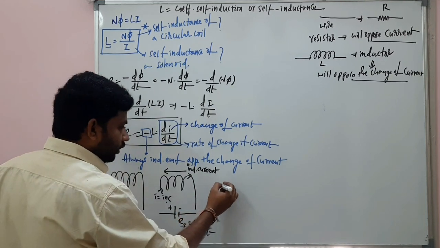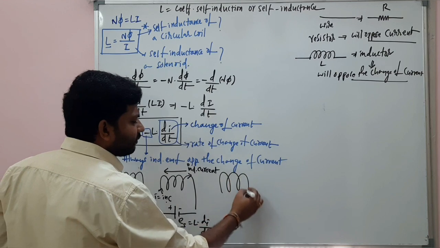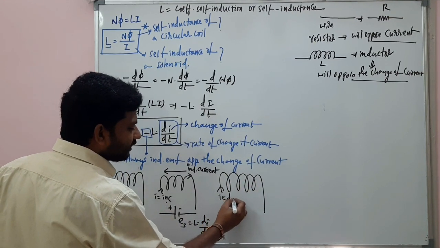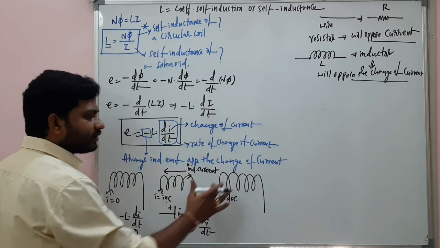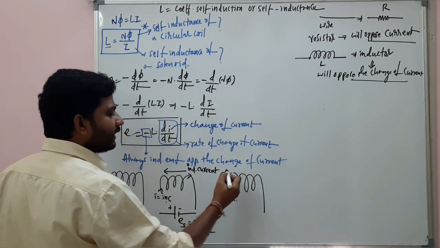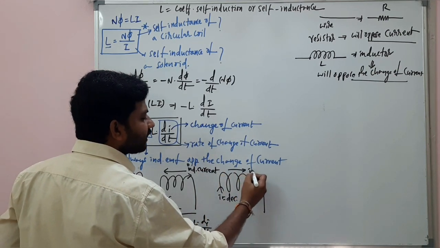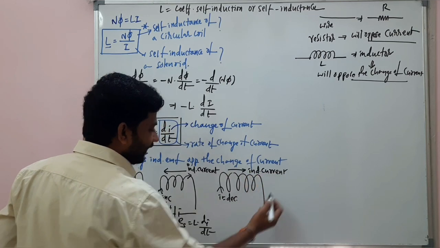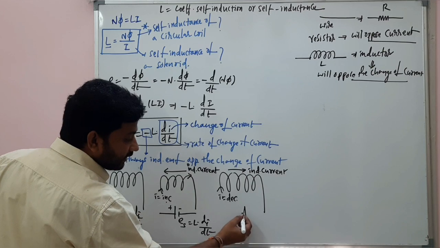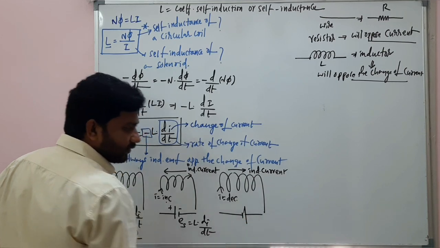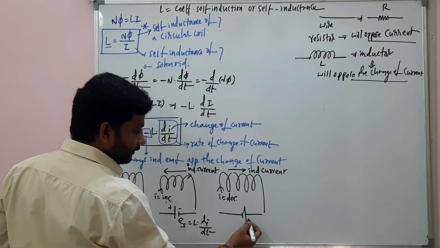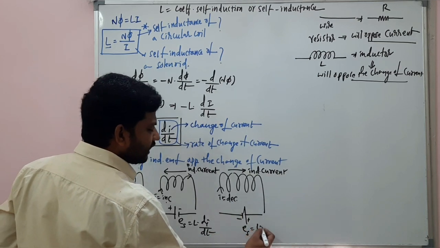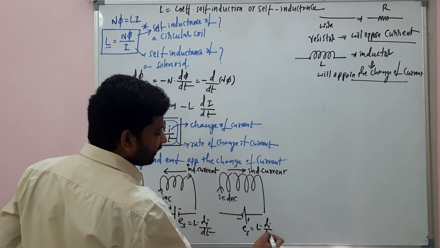Now the third diagram, where the current value is decreasing. Opposite to that, the direction of induced current is this one. As this is the direction of induced current, you can draw the induced EMF, which is L into di by dt.